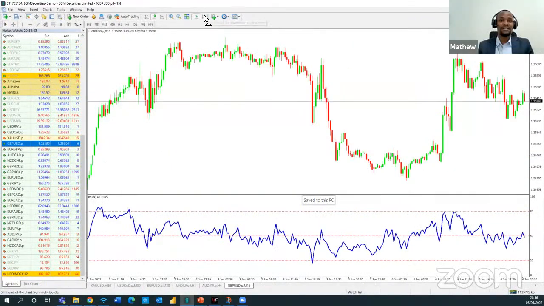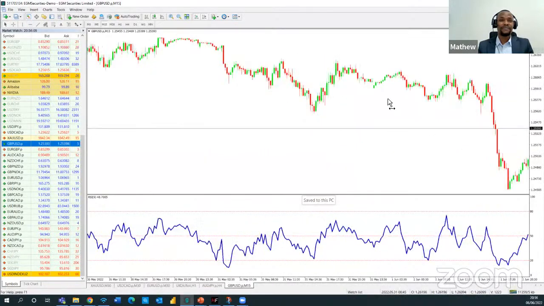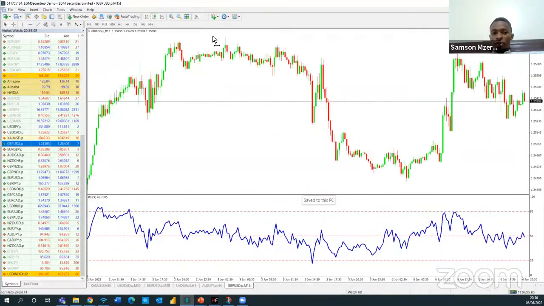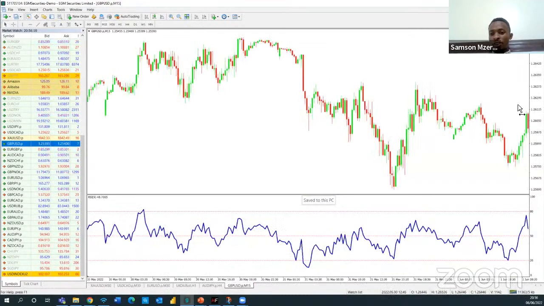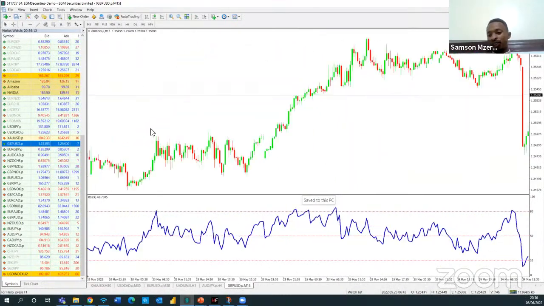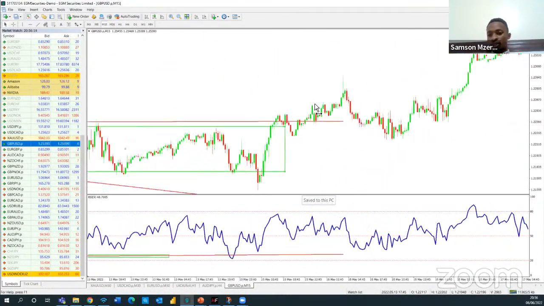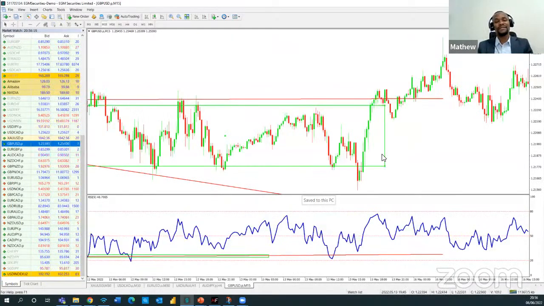That's why top-down analysis is usually very important if you're planning on having some tight entries in the market. Exactly. So looking here, it can give you some tighter spots to put your stop loss.